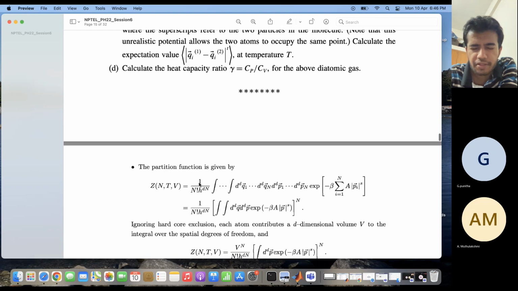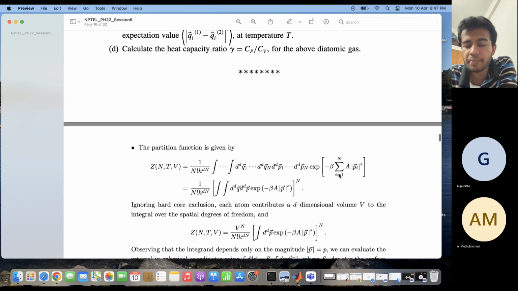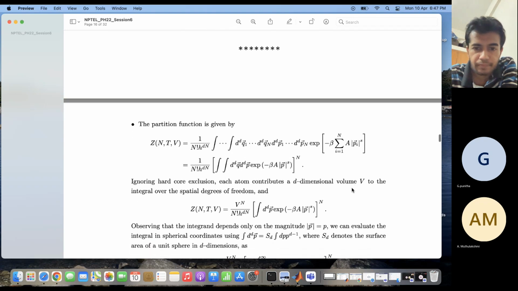So the partition function is basically 1 by N factorial, in order to account for the indistinguishability, times 1 by h to the power dN, because I'm working in a d-dimensional space of N particles, times the integrals over all positions and all momenta of e to the power of minus beta summation i equal to 1 to N of A times pi to the power of s.